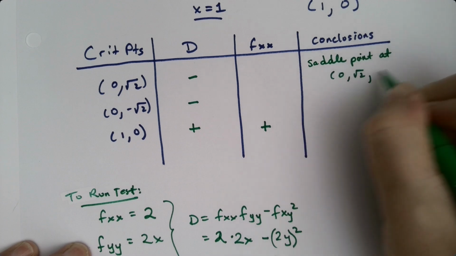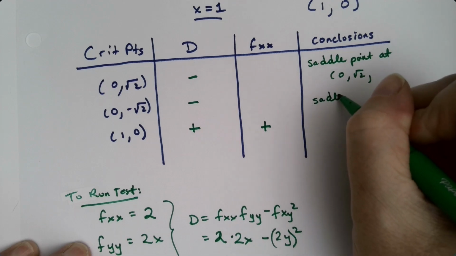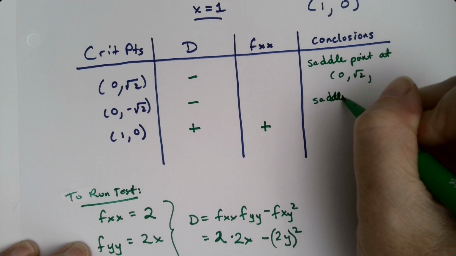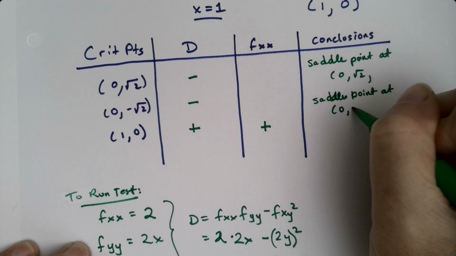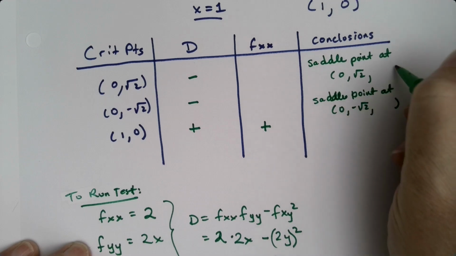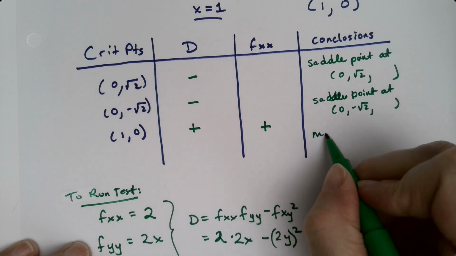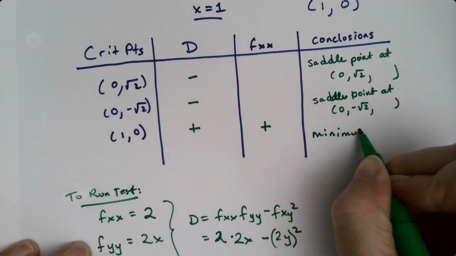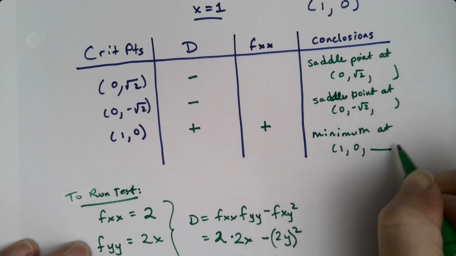And then we never figured out the z value, so we can figure that out. And we have another saddle point at 0, negative square root of 2, something. So we'll figure that out in a second. And then positive, positive means we have a minimum at 1, 0, something.